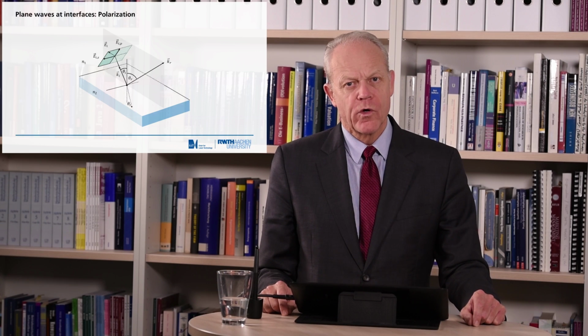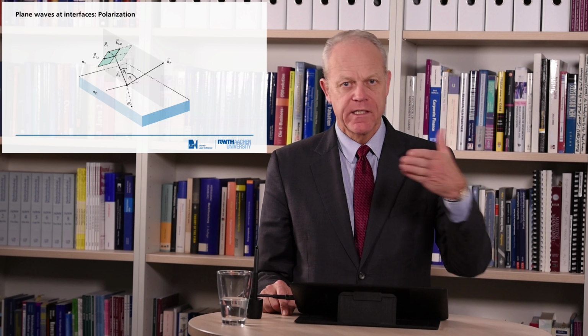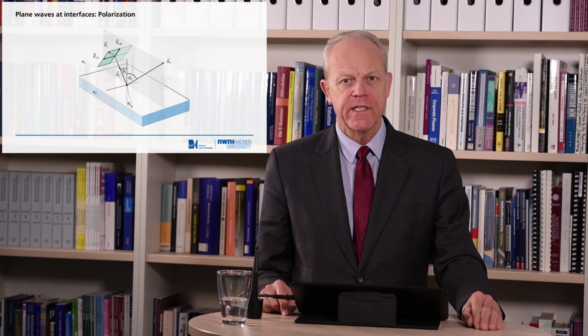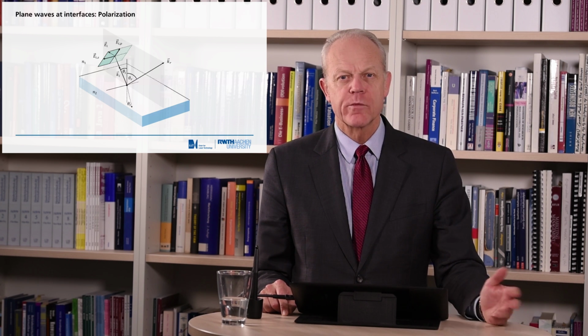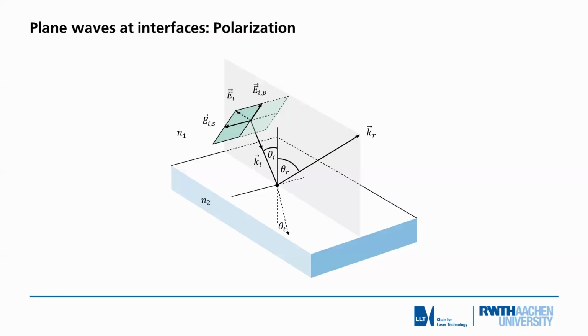Now, as you know or may know, the electrical field has one more property compared to the direction of propagation, and that is the orientation of the electromagnetic field vector E in terms of its polarization property. So if you take this into account, the following situation appears. We have a general orientation of the electric incident field, E_I, and we split that up into a fraction in the direction of the plane of incidence and one perpendicular to the plane of incidence.